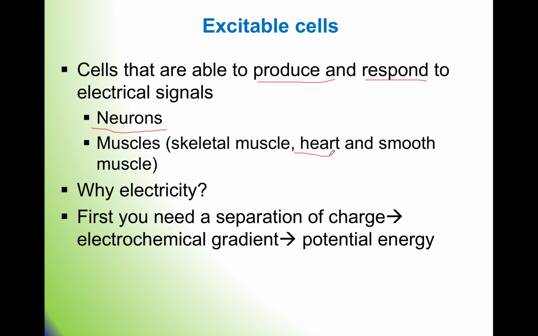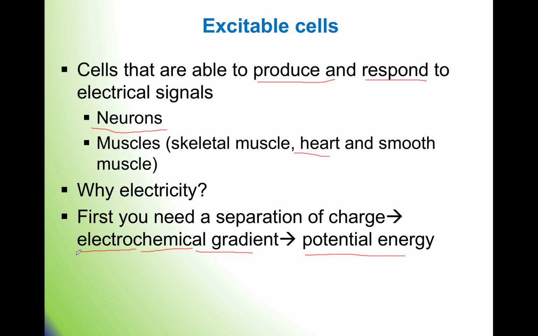So if I want to create an excitable cell, first I need to establish an electrochemical gradient, which basically stores energy in the form of potential energy and allows the cell to become an excitable cell. So, electrochemical gradient is basically thinking about your membrane and creating differences between inside the cell and outside the cell.